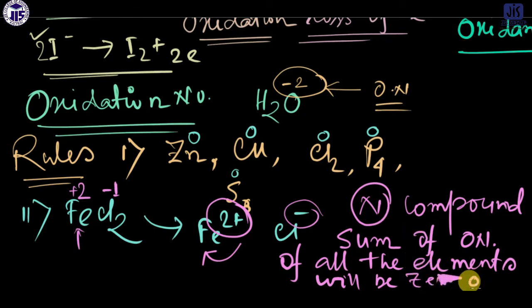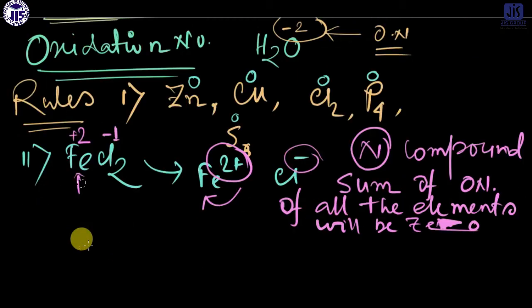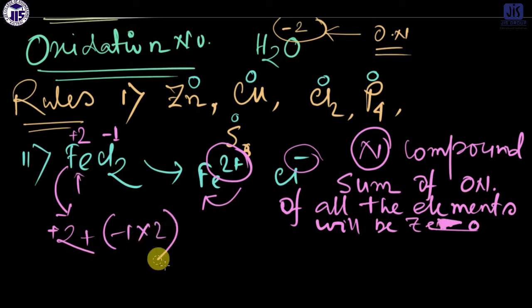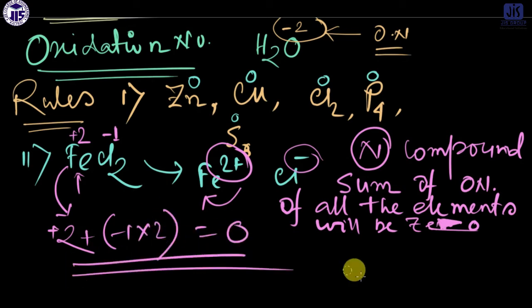You can check here that in FeCl2, Fe is +2 and each Cl is -1, so -1 into 2, and overall it will be 0. In this way we can conclude that for any neutral compound, the sum of the oxidation numbers of all the elements will be 0.